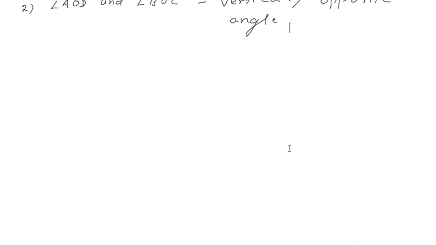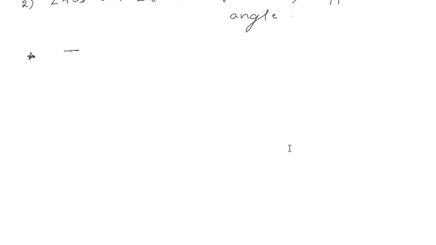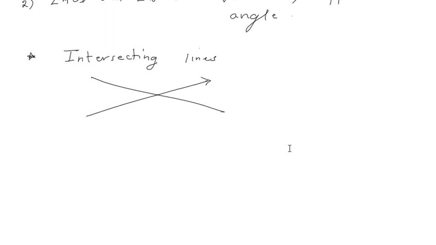Now one more term which we should know is intersecting lines. What do you mean by intersecting lines? Two lines which cross each other at some point are called intersecting lines.